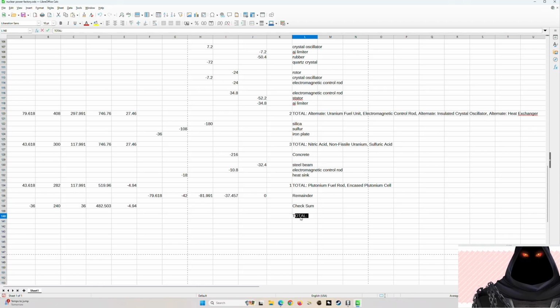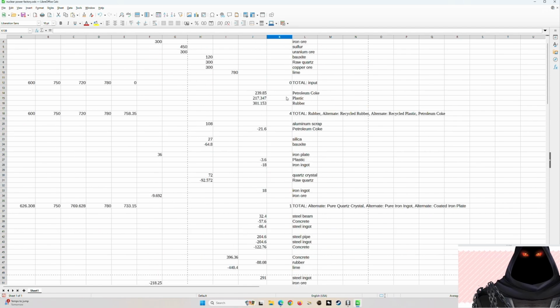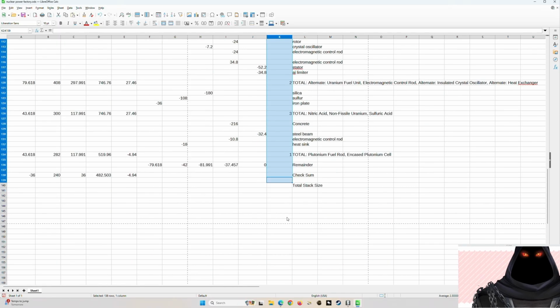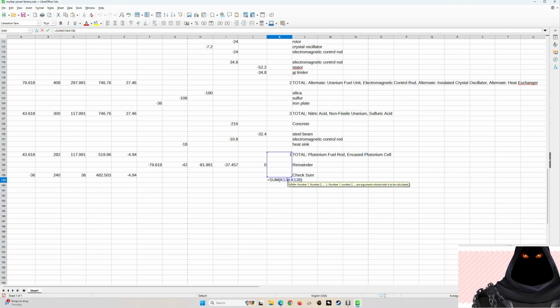This right here is the total stack size, the sum of all these values, really. Which is 21.